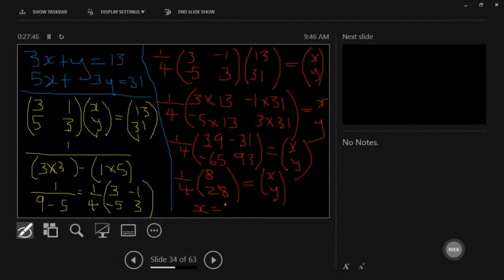So x is 2, a quarter of 28 is 7, so y is 7. And to check if our solutions are correct, we can plug those values back into the original equations. So if x is 2 and y is 7, 3 times 2 is 6 plus 7 is 13. 5 times 2 is 10, plus 3 times 7 is 21. 10 plus 21 gives 31.